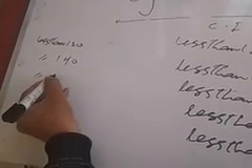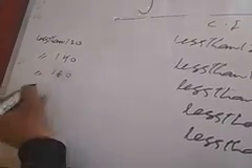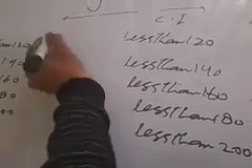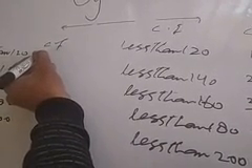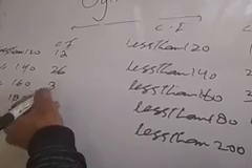Less than 120, less than 140, less than 160, less than 180, less than 200, and the cumulative frequencies are 12, 26, 34, 40, and 50. Now I will draw the graph. I rub it here to make place for the graph.